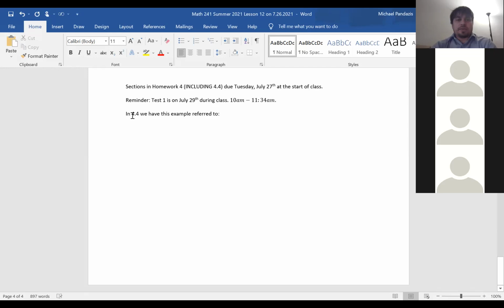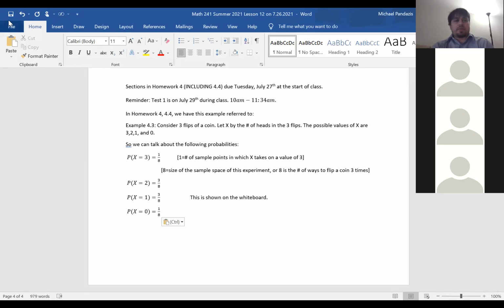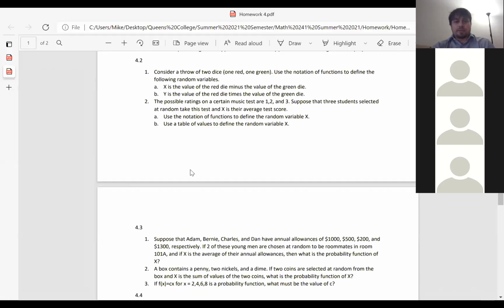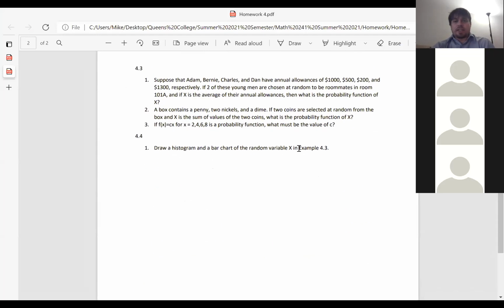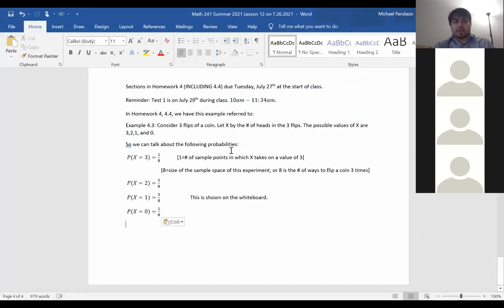It's referring to this example 4.3, so it's from the notes. It's not talking about the homework problem. Whenever it says example something, it means example in class. The notes are all online, so you can find this right online, right?